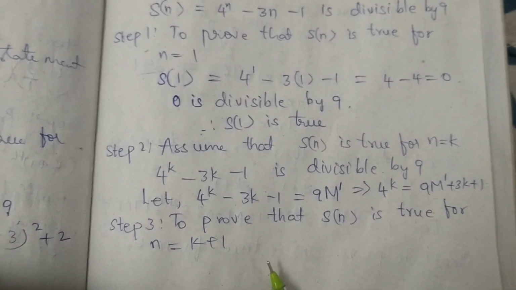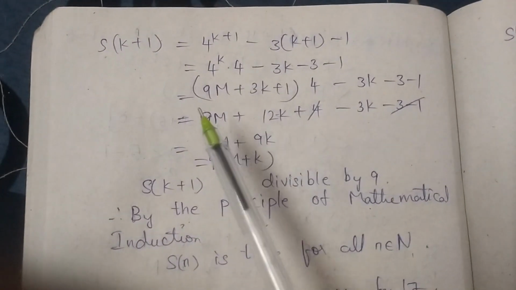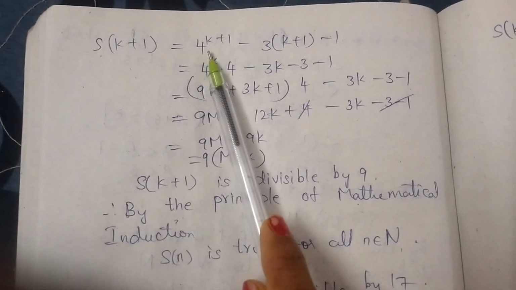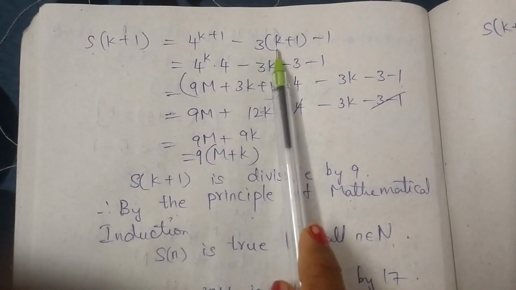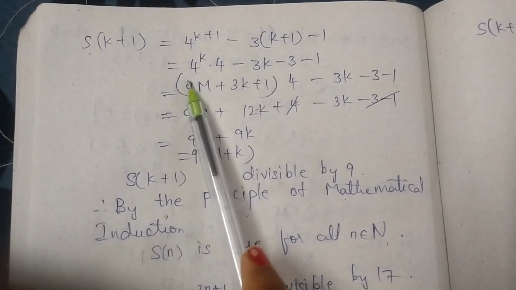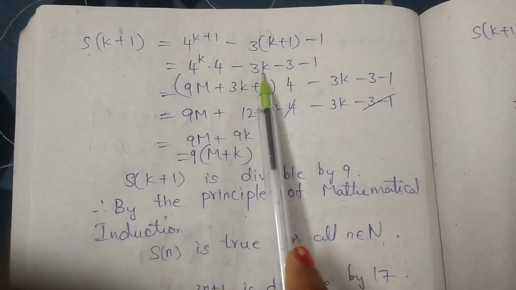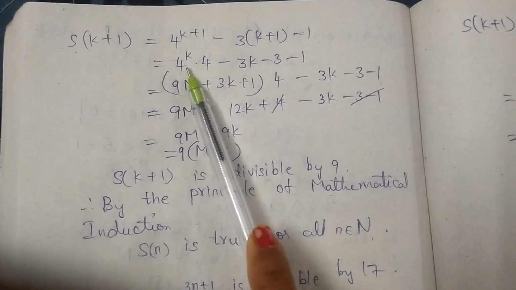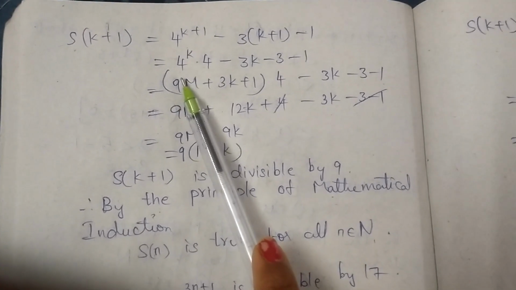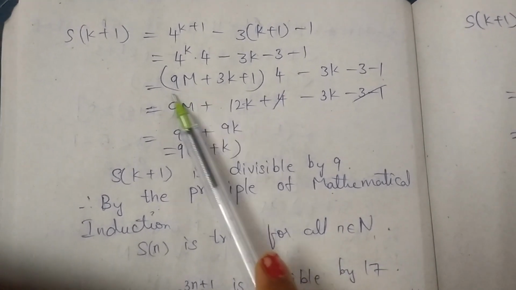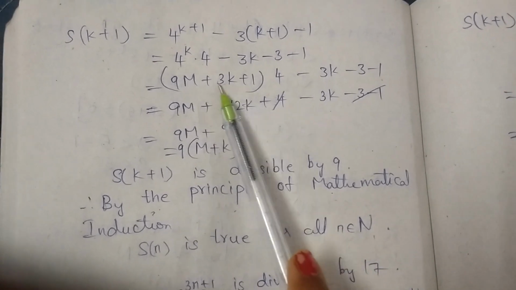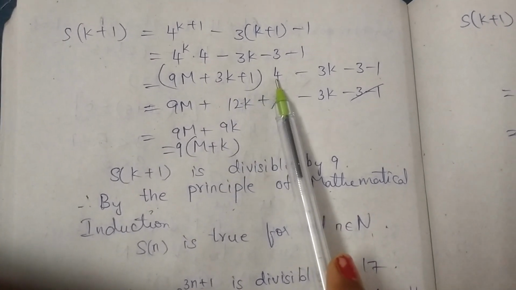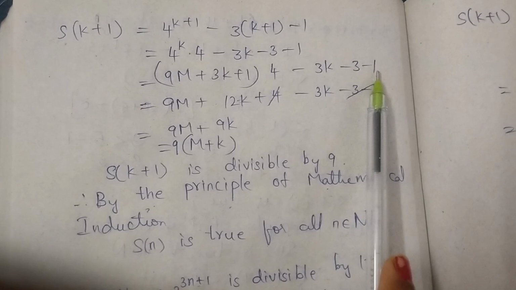So to prove that S(n) is true for n equals k plus 1, S(k+1) is equal to 4 power k plus 1 minus 3 into k plus 1 minus 1, which is equal to 4 power k into 4 minus 3k minus 3 minus 1. Now 4 power k we got in the previous step. The same thing we have to substitute over here, that is 9m plus 3k plus 1, into 4, minus 3k minus 3 minus 1.